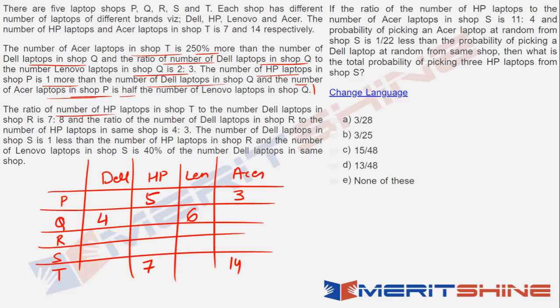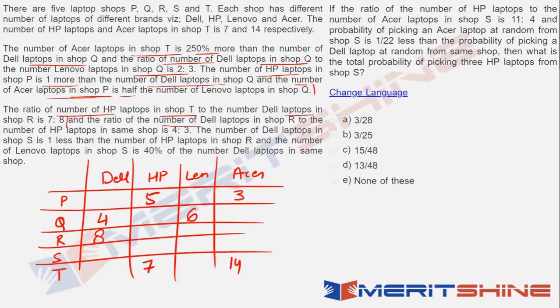The ratio of number of HP laptops in T to the number of Dell laptops in R is 7:8. HP in T we already know it's 7, and Dell in R would be 8, right?